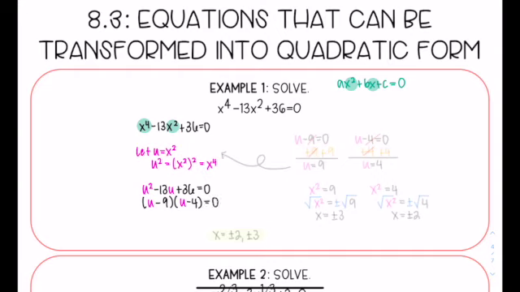So setting each one of these equal to 0, we have u minus 9 equals 0, and we have u minus 4 equals 0. And so solving for u, we're going to add 9 to both sides.